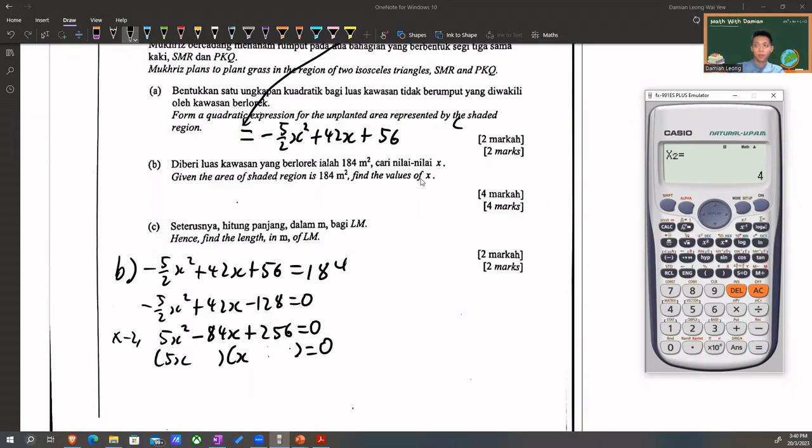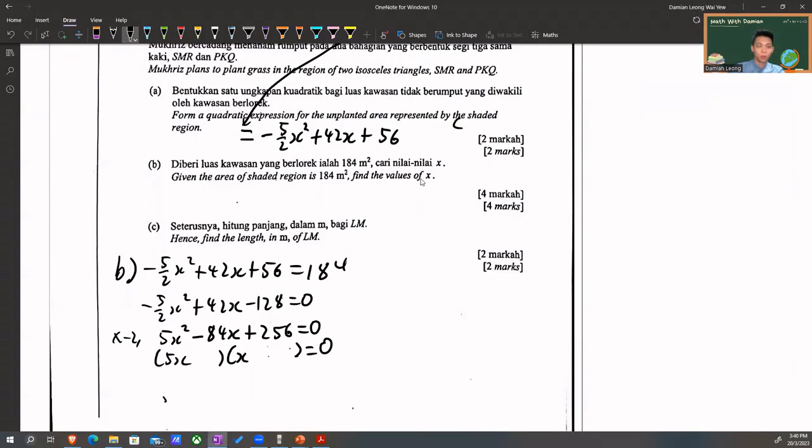You get 64/5 and 4. So if you work backwards, 64/5, x is 4. Bring over the 4, minus 4 equals 0, so x minus 4. This one, get rid of the fraction, 5x is 64. Positive, bring over, becomes minus. Make it equal 0. So 5x minus 64.